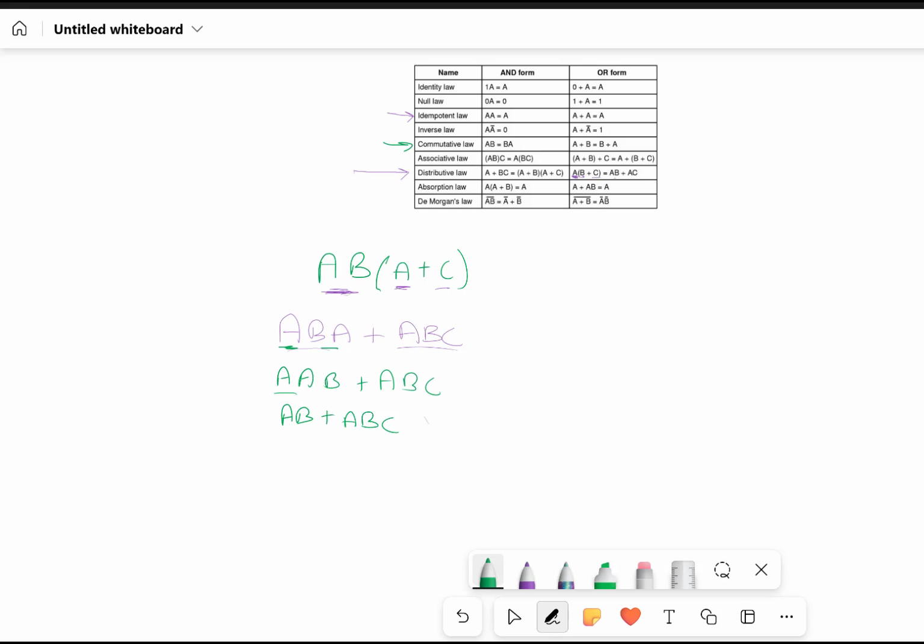Now what? If we look at our laws, do we have anything which represents this as well as this? And we do. It's the absorption law. So this would be our A, or this would be our AB.